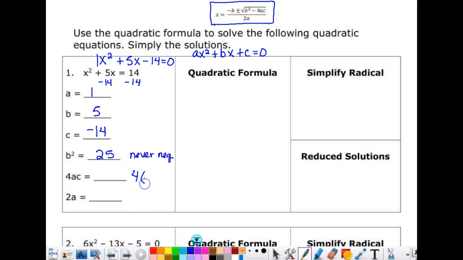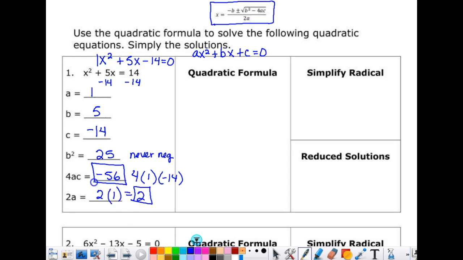So 4 times, here's your a, 1 times negative 14 is, oh, I have this one wrong here. What's that, negative 56? Is that right? I think that's right. Okay, and then 2 times a, which is 1, is 2.